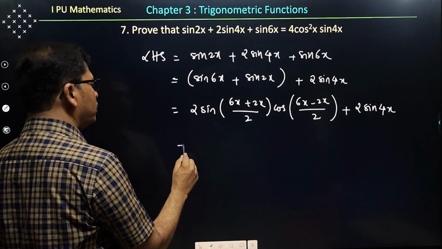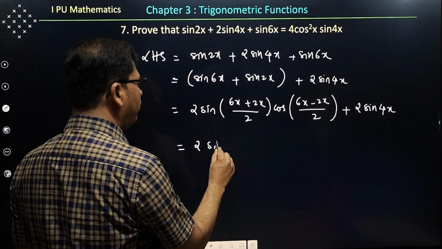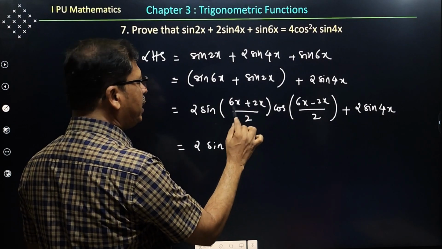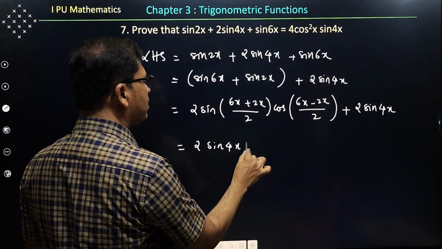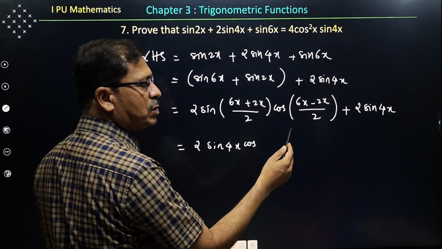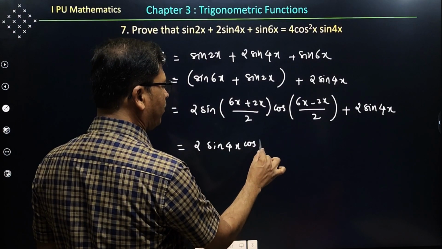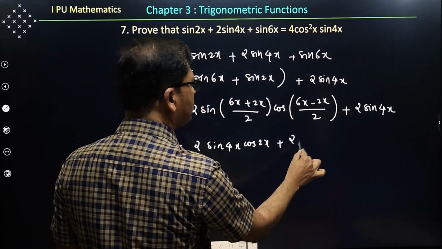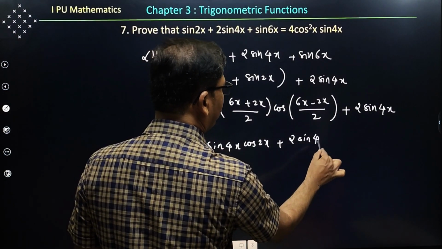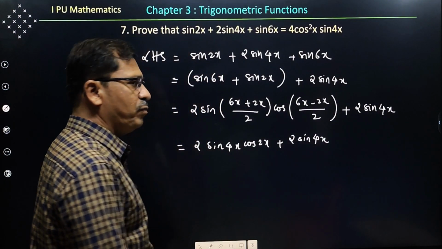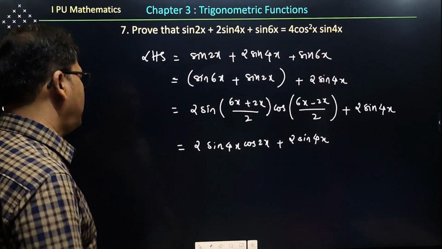This is equal to 2 into sin of 6 plus 2, 8, 8 by 2, 4x, into cos of 6 minus 2 is 4, 4 by 2 is 2x, plus 2 into sin 4x. Now what can you do at this stage?